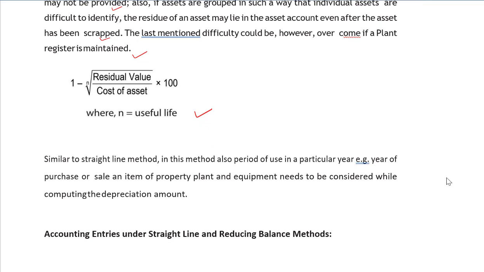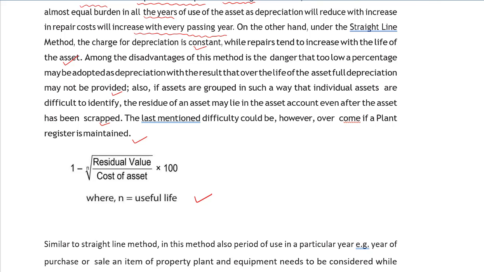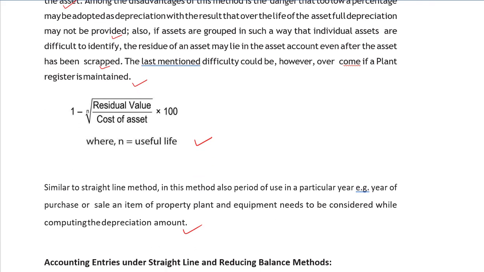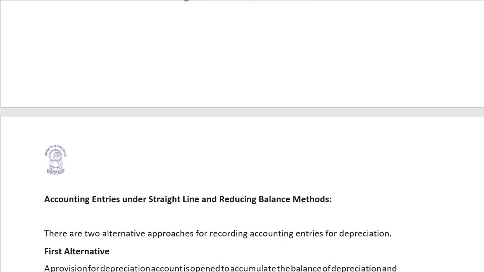N denotes useful life over here in number of years. Similarly, as in the straight line method, in this method also the period of use in the year of purchase or sale of an item of property, plant and equipment needs to be considered while computing the depreciation. I believe you understood till here.